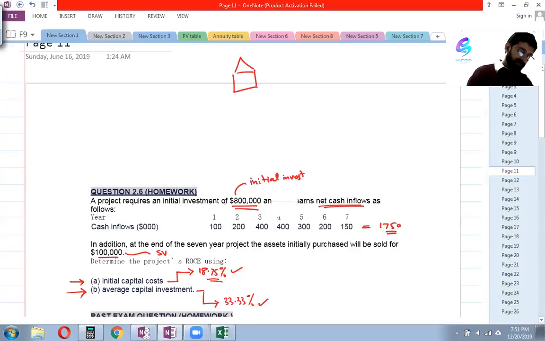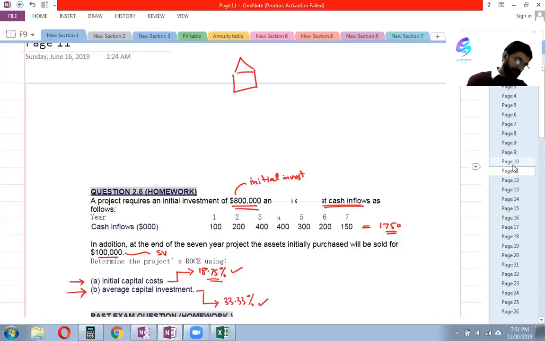Yes, it's based on the company's policy. So accounting rate of return, like payback period, as we said in the payback period, it depends on the company's policy, that what is actually acceptable to the company, right? So you'll have a target payback period, and in the same way you're going to have a target accounting rate of return, or return on capital employed, on the basis of which you are going to conclude if you should invest or not.